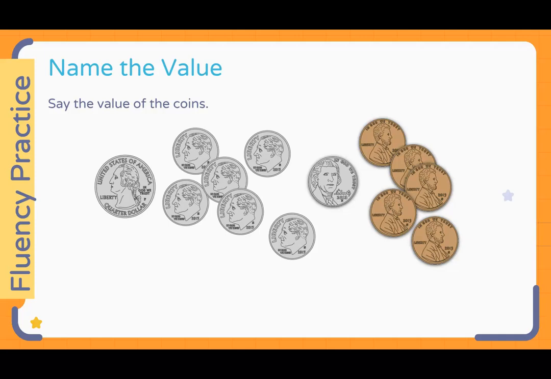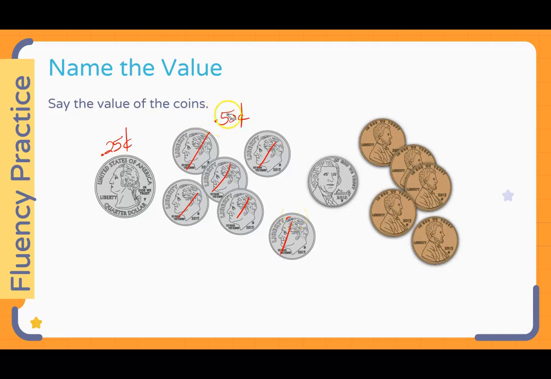Alright, say the value of the coins. What do we have here? We have 25 cents. Here we have dimes. That's 10, 20, 30, 40, 50. Oh, 60.